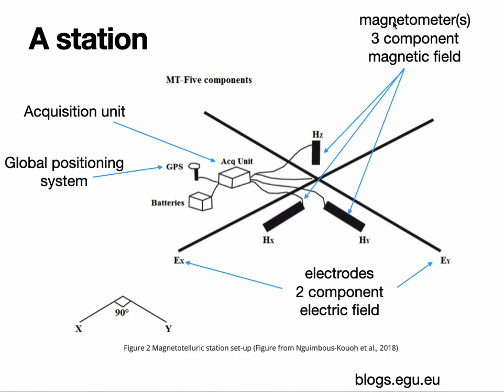A magnetometer with 3 components is required to measure the magnetic field in the 3 dimensions. So these are these guys here. An acquisition unit is necessary to record the measurement. A GPS will give you the position of your station, and of course a battery to feed the acquisition unit.